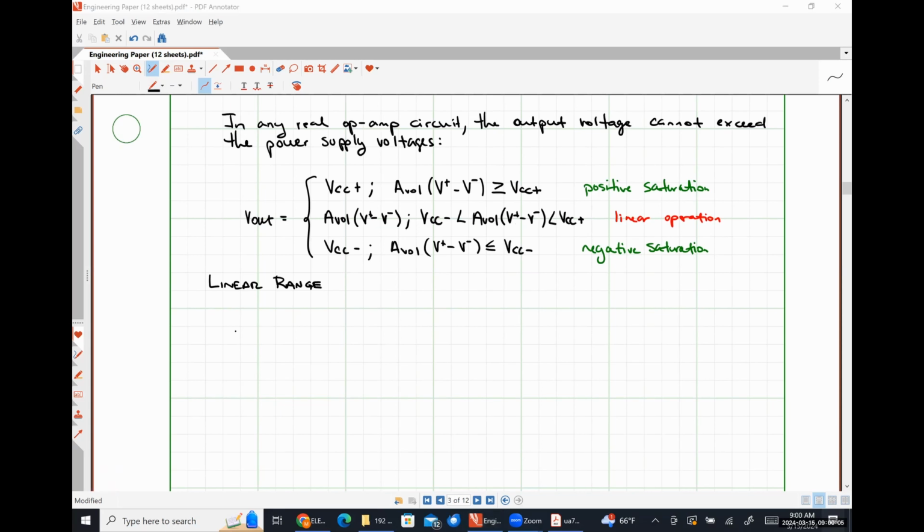So we simply take our negative supply voltage, VCC minus, divide it by the open loop gain, and that shows us effectively the smallest signal that we could possibly amplify.